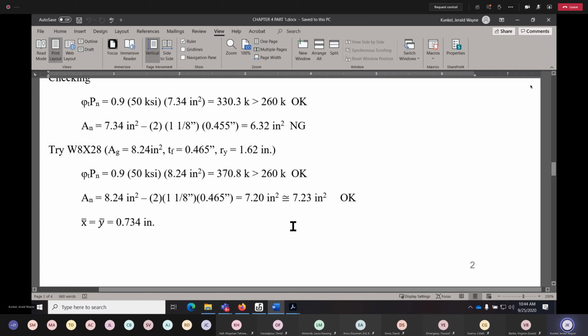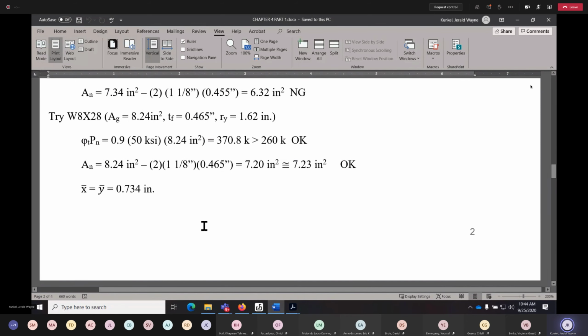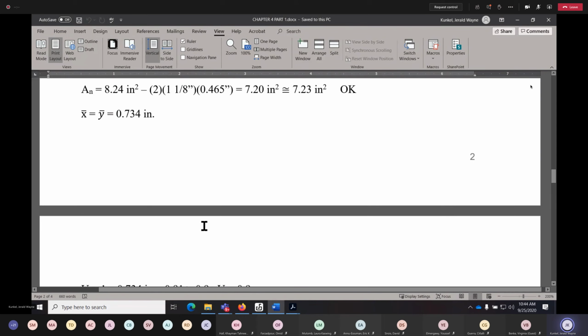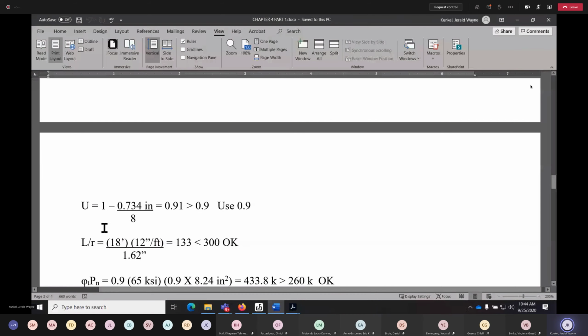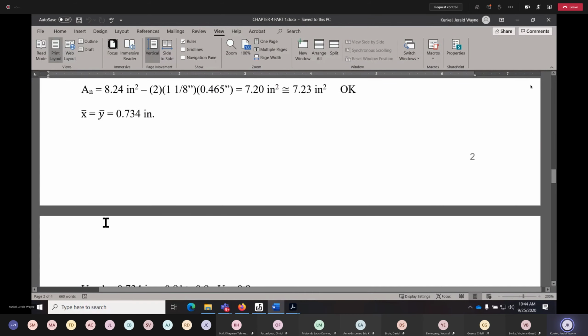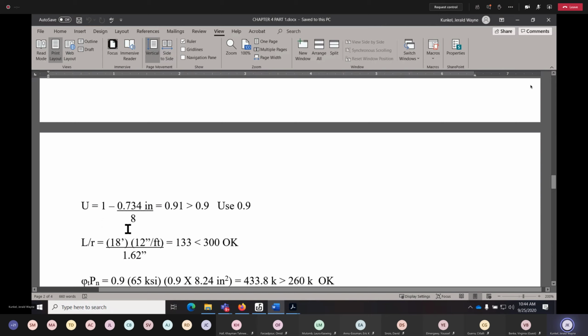We need to find the U factor. In order to find the U factor, we need to know what the X bar or the Y bar is for the U. That's given again in the manual for a W8x28 at 7.34 inches. There's the calculation for U. U actually comes out to be 0.91.